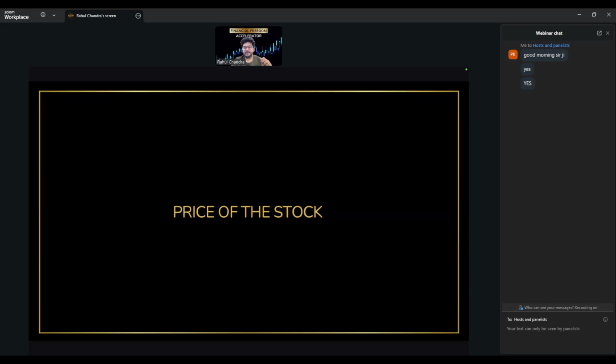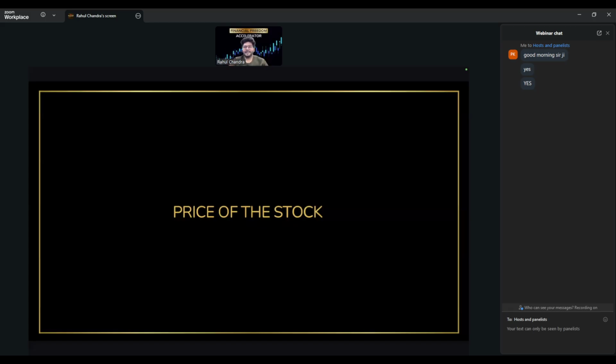In how many years? 10 years, correct? Okay, that is one way to look at it. Or another way to look at it is you are paying 100 rupees for 10 rupees worth of profit, or you are paying 10 rupees per unit of profit. Yes or no? These are the two different ways that you can look at it.